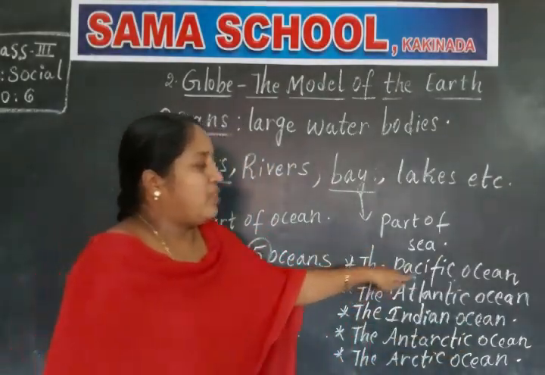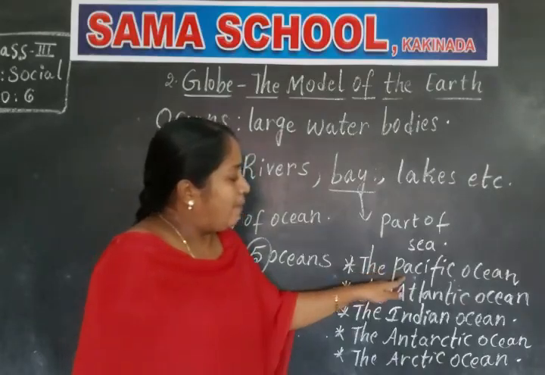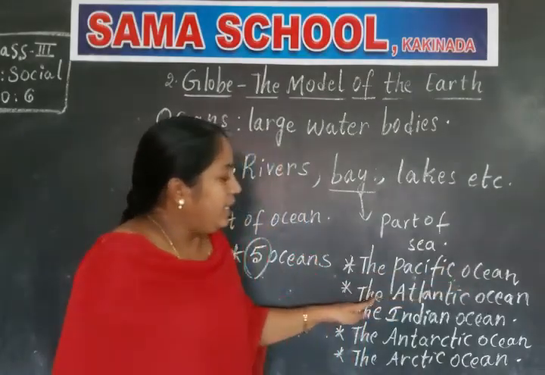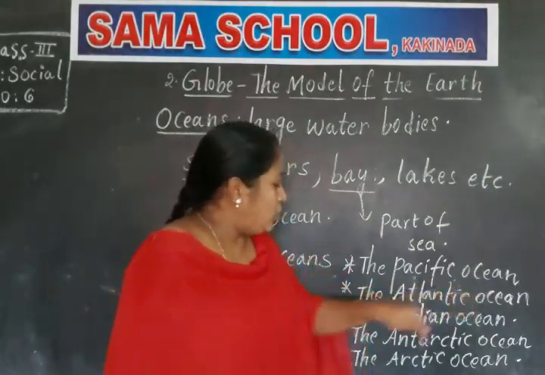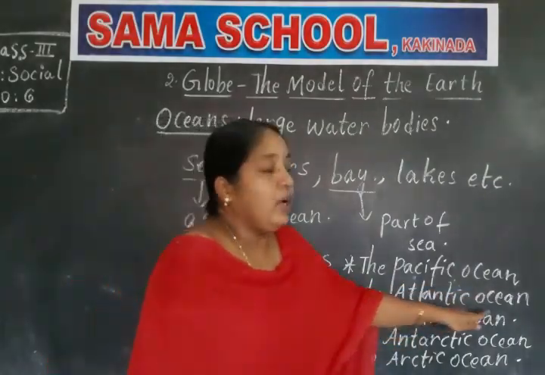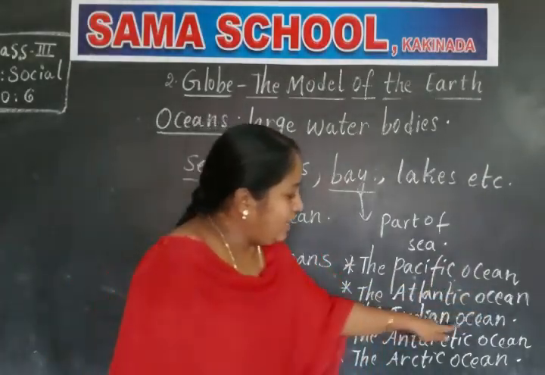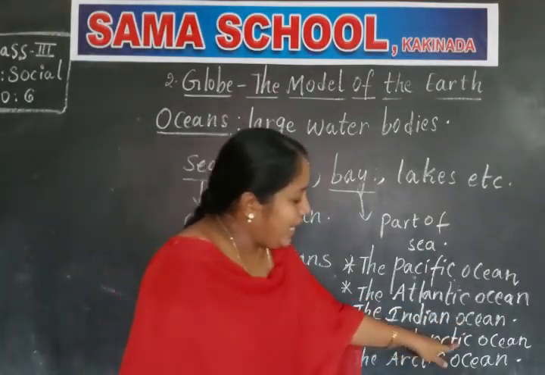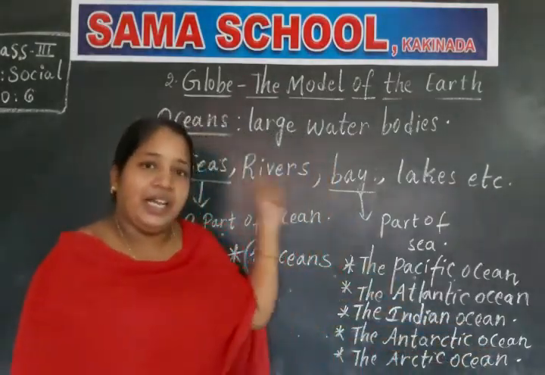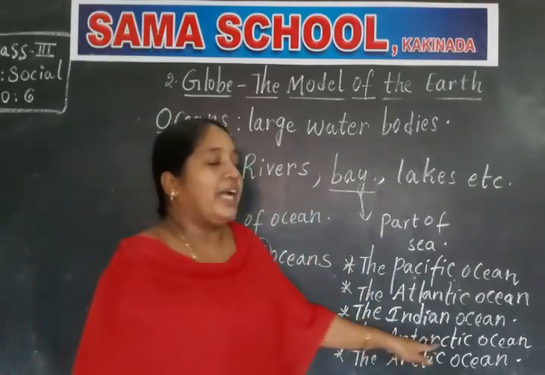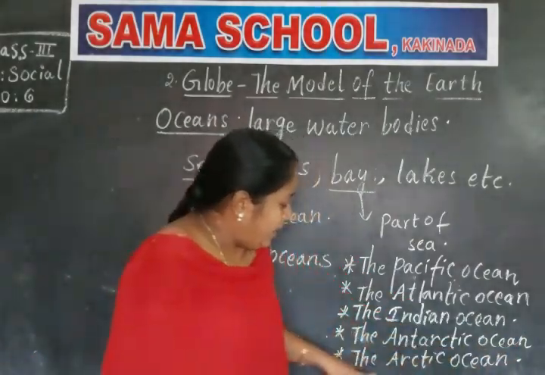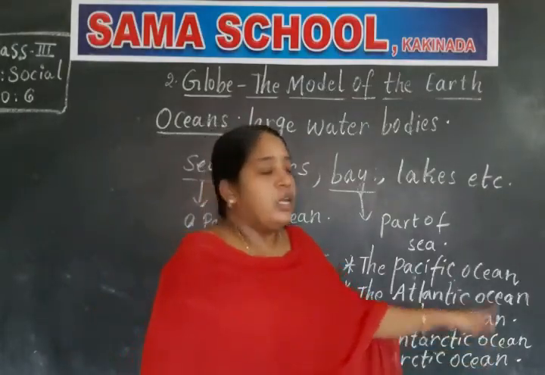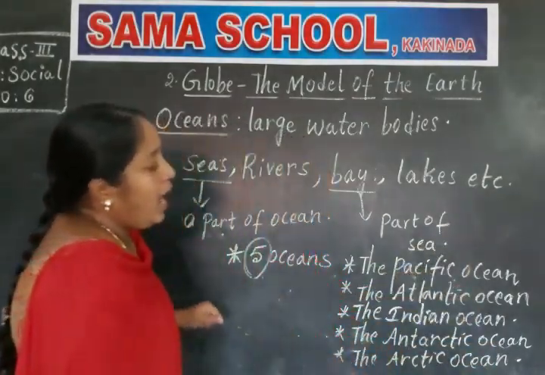Antarctica is the continent and here Antarctic is the ocean. Here A is not there. Next, the Arctic Ocean. So these are the 5 oceans on the earth.